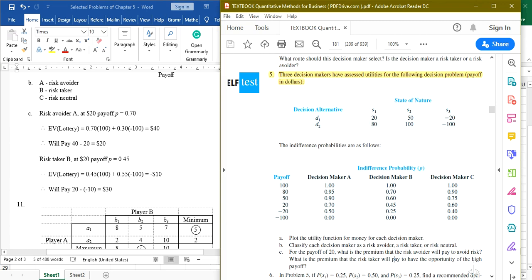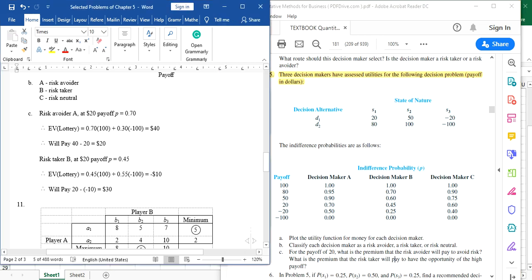Now, for the payoff of 20, what's the premium that the risk avoider will pay to avoid risk? What's the premium that the risk taker will pay to have an opportunity for the high payoff? For the risk avoider, look at here.